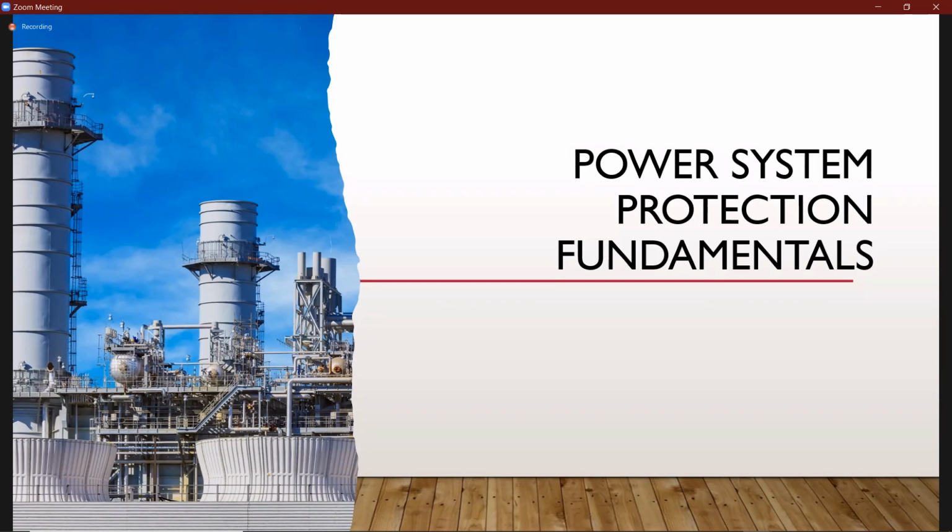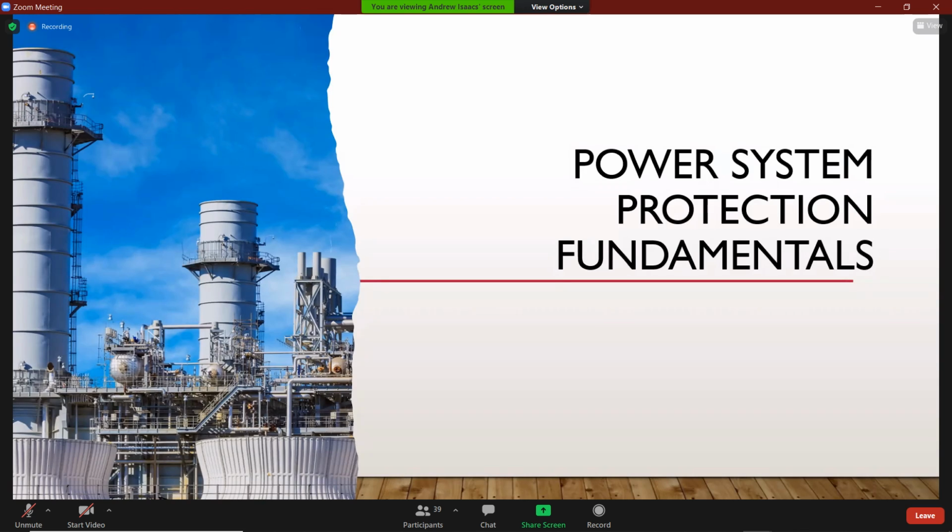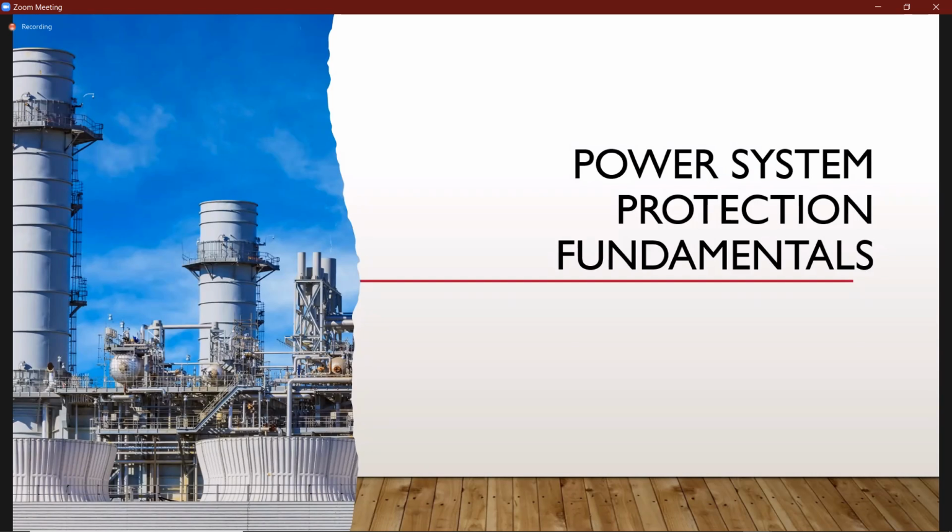All right, so the objectives for the lab spoke to the data required for fault studies, the impact of using star delta transformers on network faults, impact of earthing impedance, and the impact of fault location and severity.